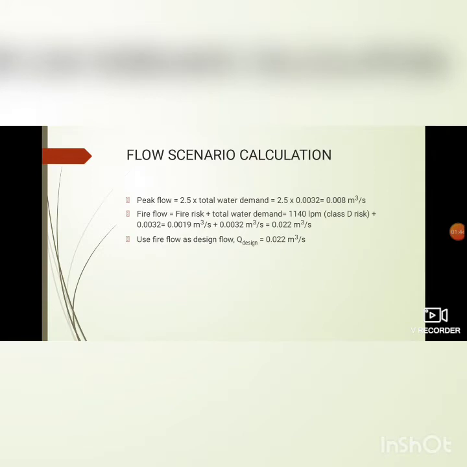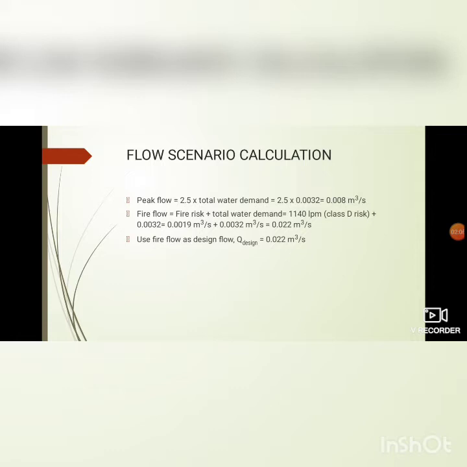Next is to determine the flow scenario calculation. Peak flow is equal to 2.5 times total water demand, which is equal to 0.008 meter cube per second. Fire flow is equal to fire risk plus total water demand.